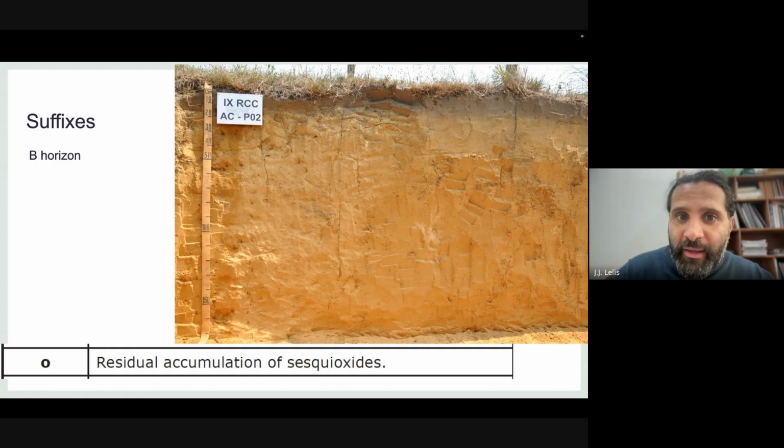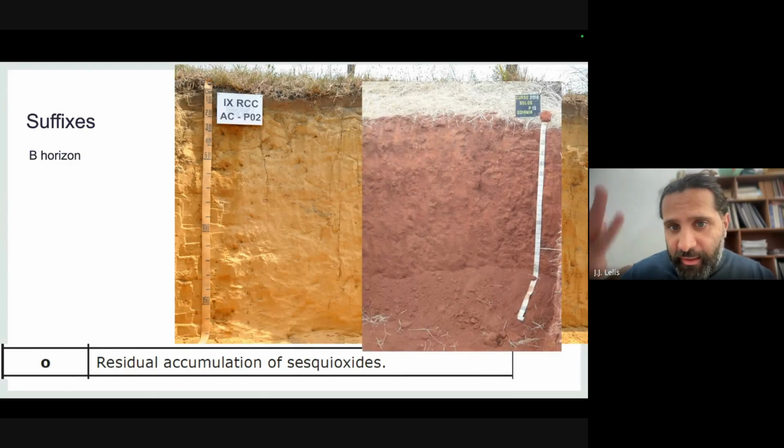So tectonic stability and climatic stability are needed to form a Bo horizon, because you need very intense leaching and weathering to create something that concentrates the products of weathering, especially iron and aluminum oxides.